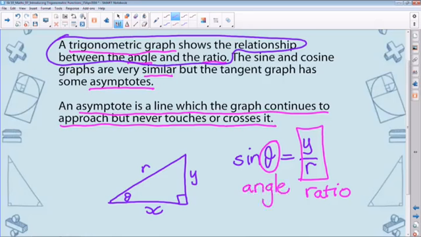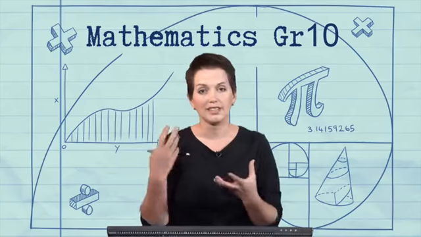Okay, so the ratio and the angle are the two measurements that we're looking at, the relationship we're looking at. So that means when we start plotting it, we're going to use the angles that we have in the trig functions.